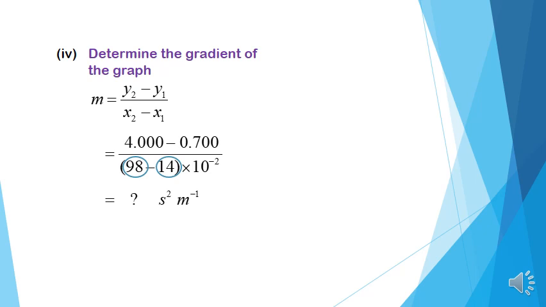However, the values of x2 and x1 are in cm. We need to convert them into meters. Therefore, we multiply x2 and x1 with a prefix of 10 to the power of negative 2. Then we use the calculator to calculate the value of m. The value shown on the calculator is 3.928571429.